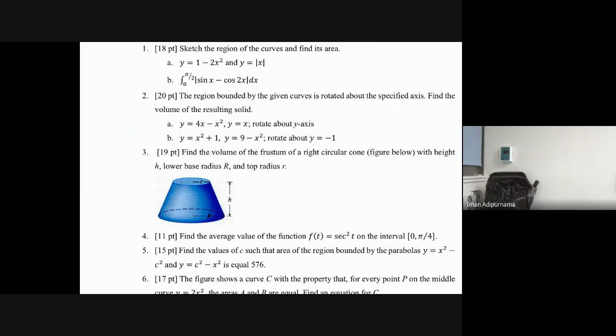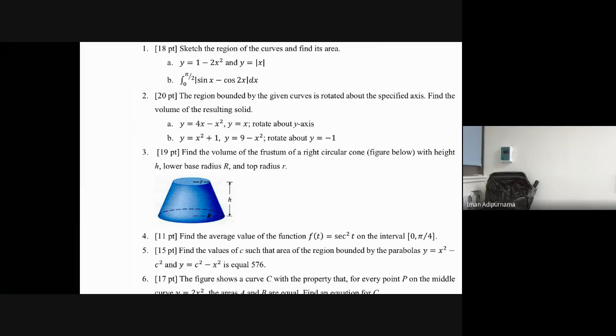Especially sine and cosine, you need to draw them correctly, and then the quadratic functions, please, it's really basic. If you cannot draw this, I believe it will be difficult in the next courses.